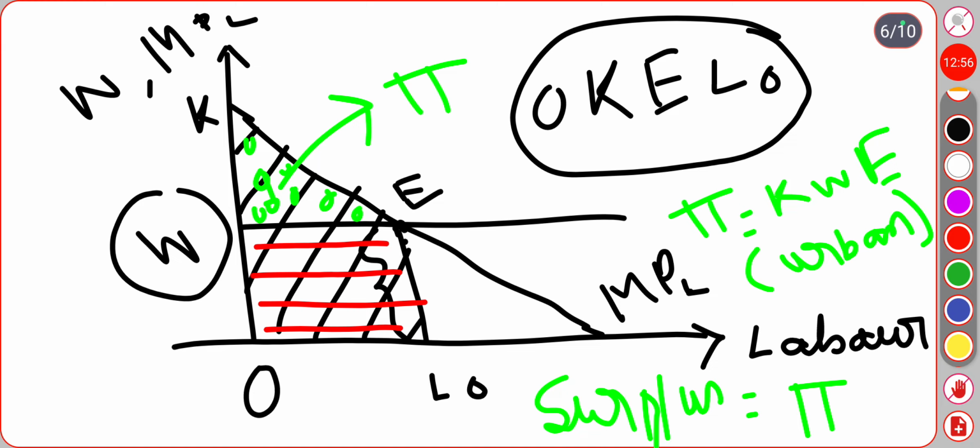If this surplus is reinvested, then more labor will be required for production. So the amount of profit is this.